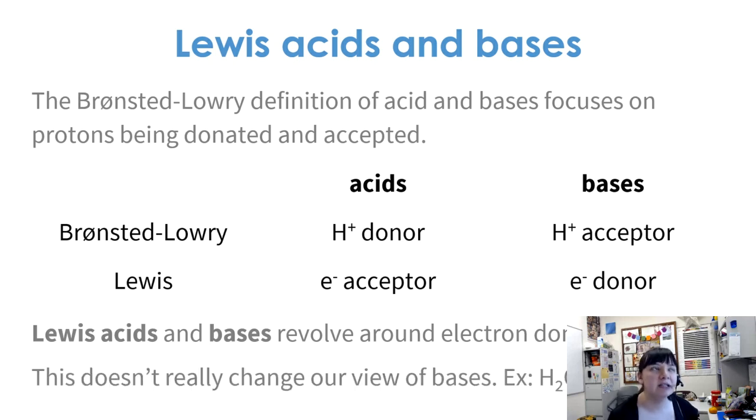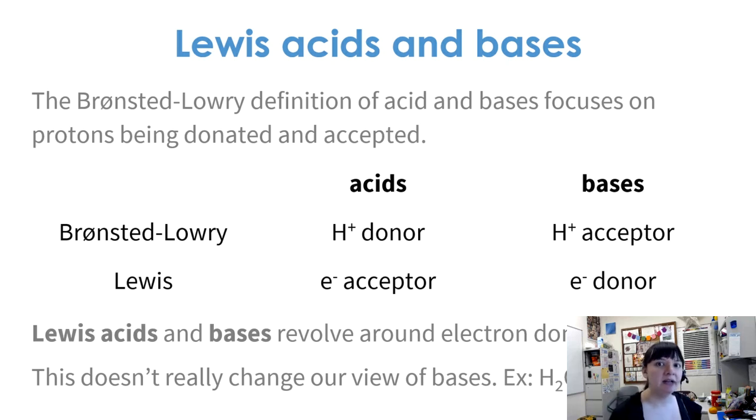For instance, when water behaves as a Bronsted-Lowry base, water will accept a proton and become H3O+. When it accepts that proton, what the water is really doing is taking a lone pair of the oxygen and making a bond with it. So it's taking electrons and giving those electrons away to a hydrogen so that it can make that H3O+. So the electron donor aspect of Lewis bases is in perfect agreement with Bronsted-Lowry bases as proton acceptors.